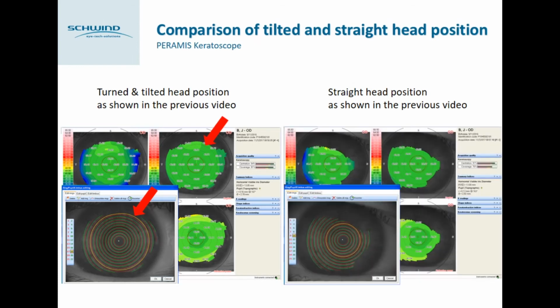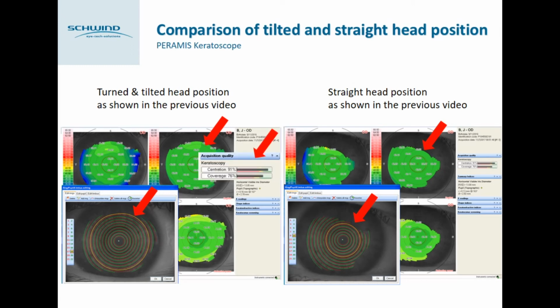The picture on the right side shows the amount of Placido rings for a straight head position. Here only 10 full Placido rings could be projected onto the cornea. Due to this, the export diameter and topographic information is limited. In this case, the export of the PERAMIS keratoscope measurement would not be possible, because the export diameter is less than 5 mm.